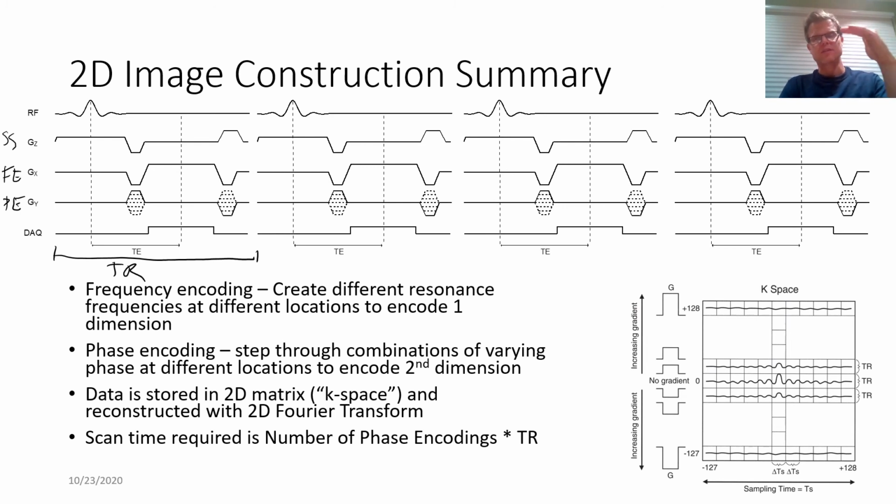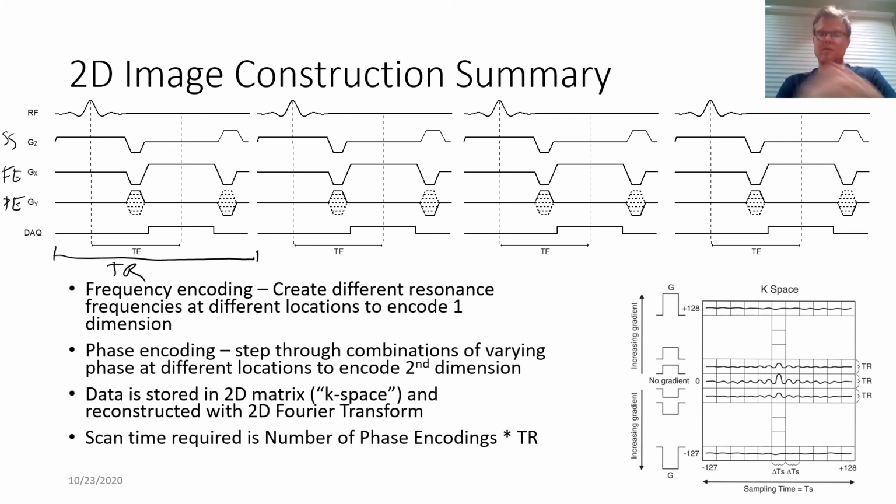And what we end up doing is have to step through these different phase encoding amplitudes in order to fully encode our second dimension. Because as you see, we can get to points where we might have some redundancy because of this cyclic nature of the phase encoding dimensions.